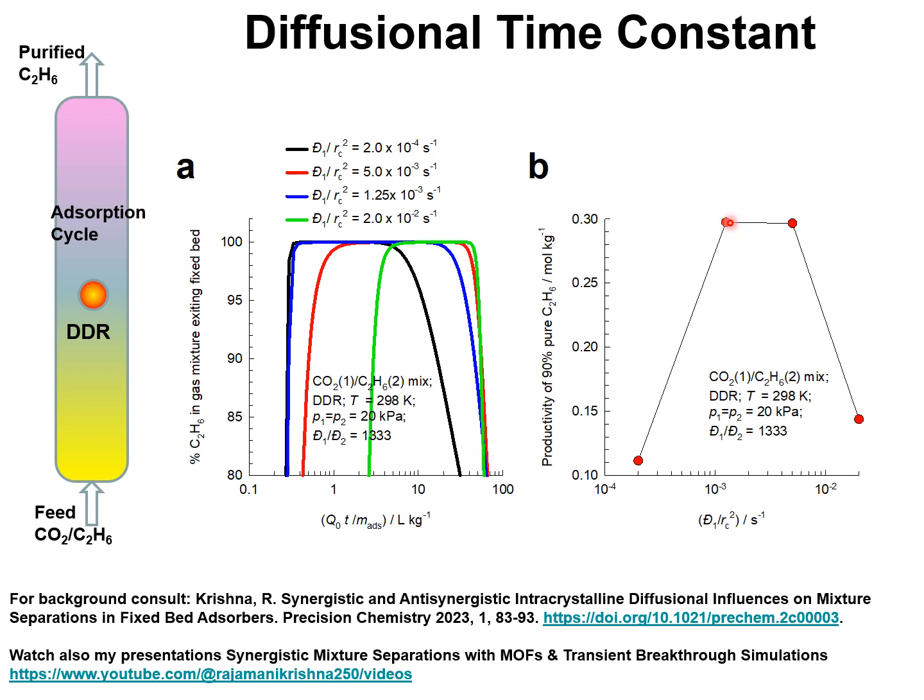However, if the particle size is too large, then the productivity of ethane is reduced. So there is an optimum particle size or optimum diffusional time constant that results in the maximum purity of the desired product in the adsorption cycle.